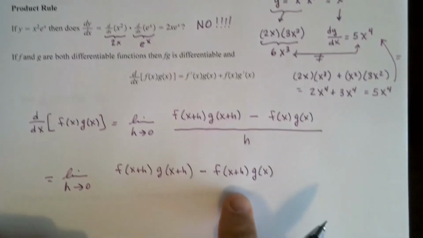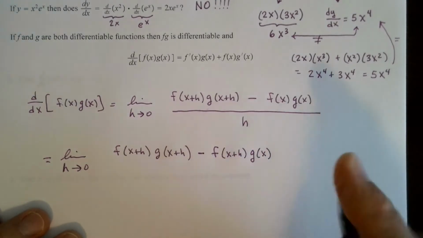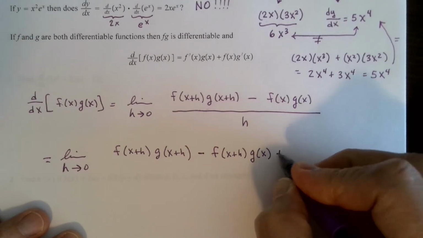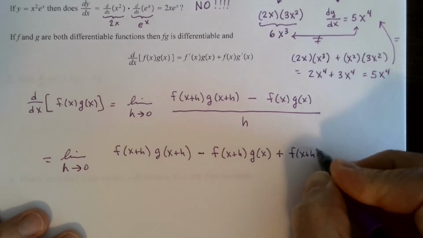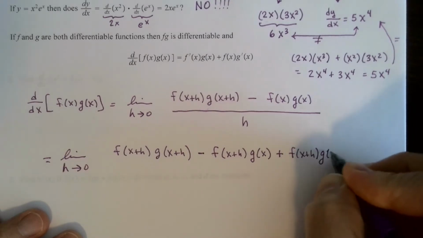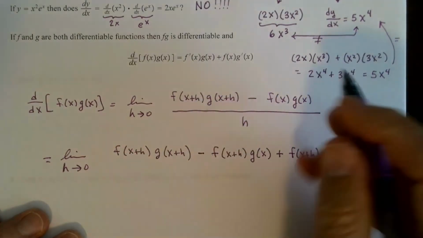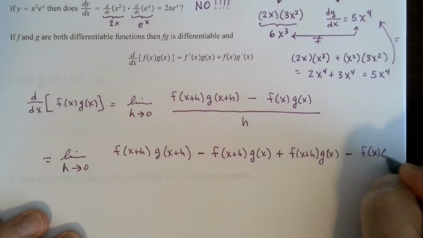Now you might say, well, you just can't subtract something, right? You definitely can't just subtract something. That changes everything. But I'm immediately going to add that same expression back. So I've inserted this in here between these two, so I don't want to forget my last thing, which was negative f of x times g of x.